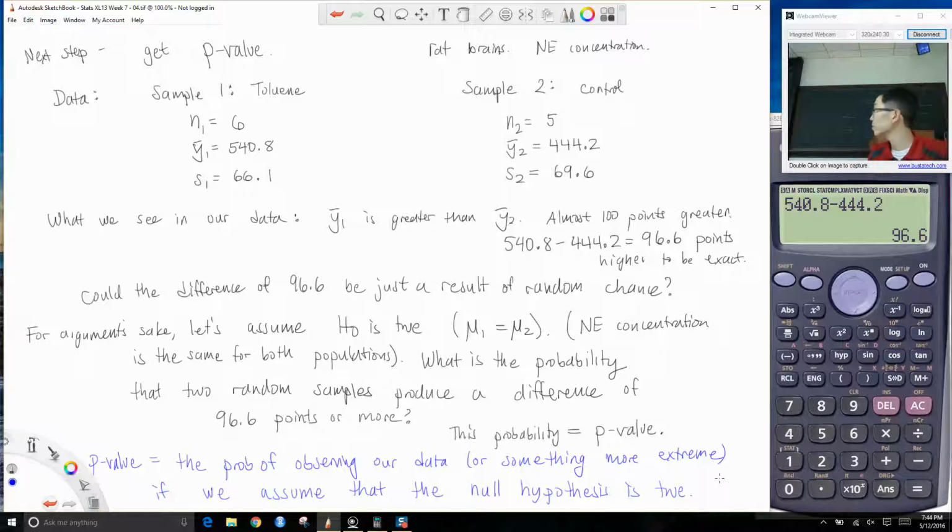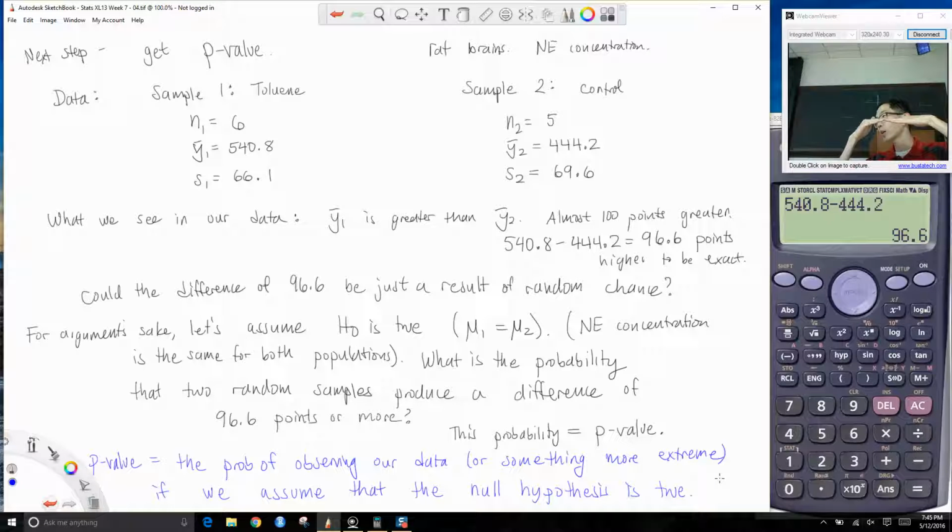This is where we are. We gathered our data. Sample 1, the average was 540.8. Sample 2, the average was only 444.2. We're getting a difference of almost 100 points. We're going to get the p-value, which goes under this assumption that in the population, the means are actually equal.